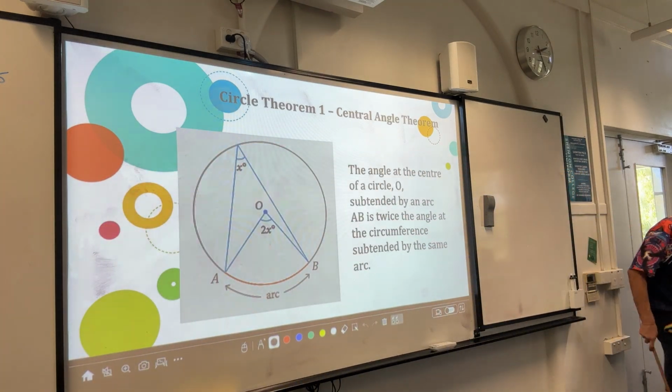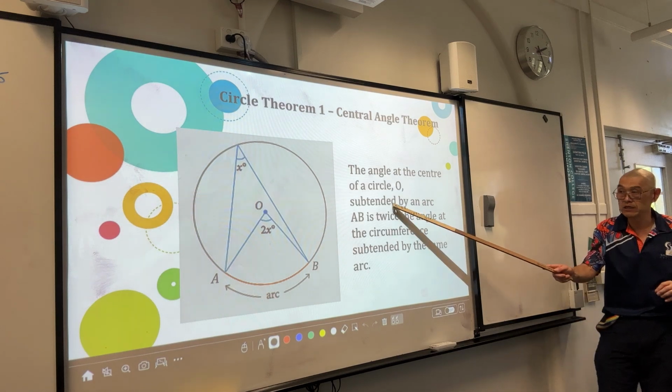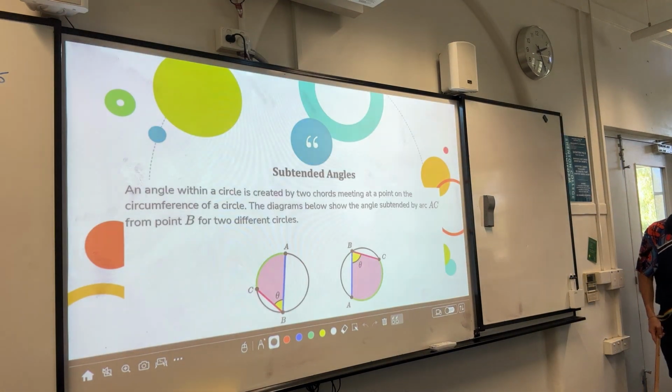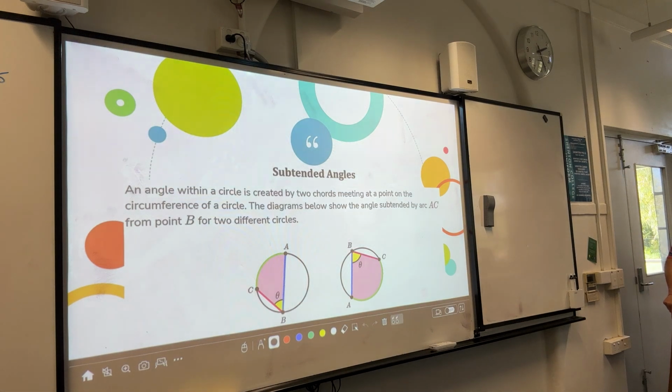Now, the word that you probably have not come across is subtended. The next slide will show you what that means. Subtended angles: an angle within a circle is created by two chords meeting at a point on the circumference of a circle. The diagrams below show the angle subtended by arc AC from point B for two different circles.